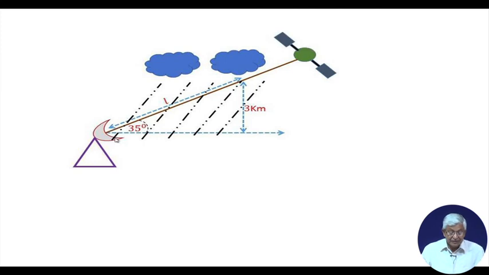So, let us try to draw a picture. So, this is the earth station which is at mean sea level. So, this height we ignore compared to the satellite height as well as the height of the rain where it is forming. It is called rain height, which is 3 kilometer already given, and this elevation angle is 35 degree.